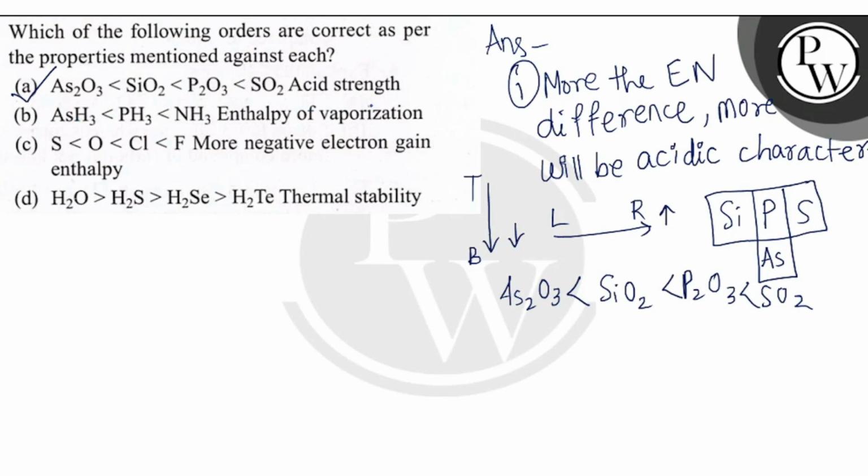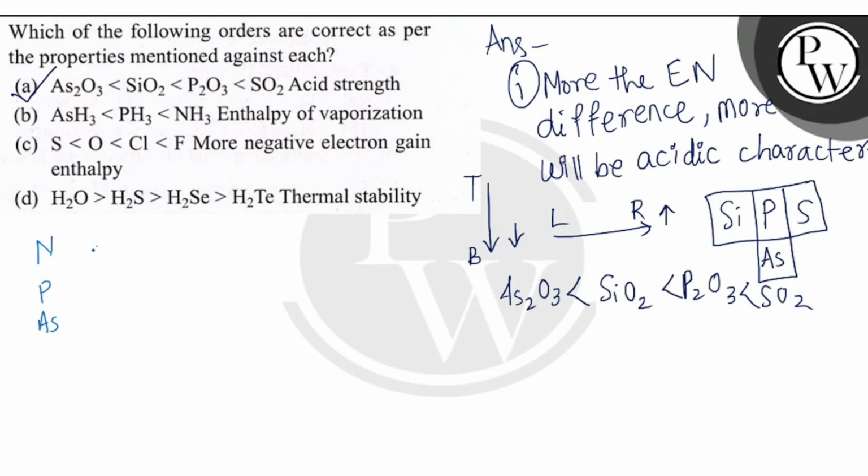Let's move towards the second option. It has been given hydrides; nitrogen, phosphorus and arsenic are present in the same group, and when we move from top to bottom, generally the tendency of hydrogen bonding becomes weaker.